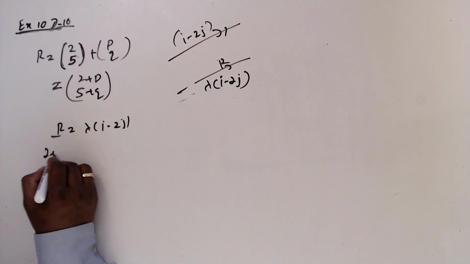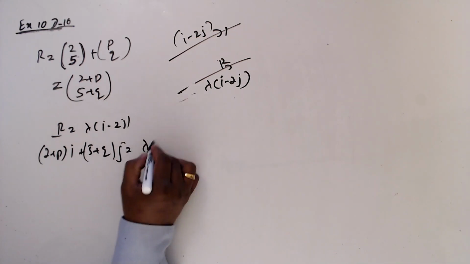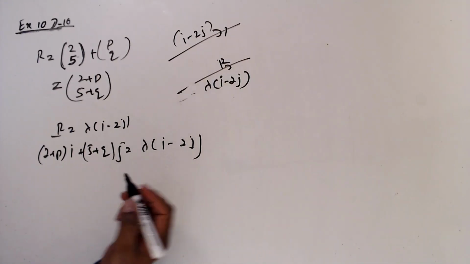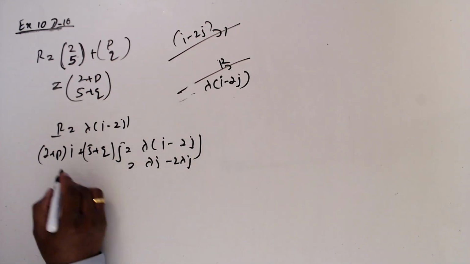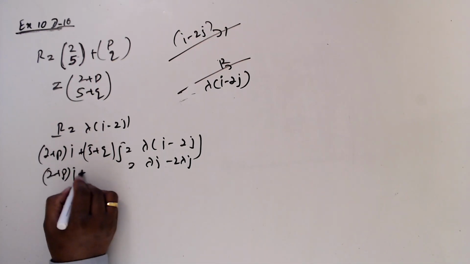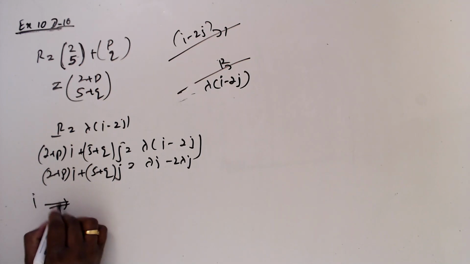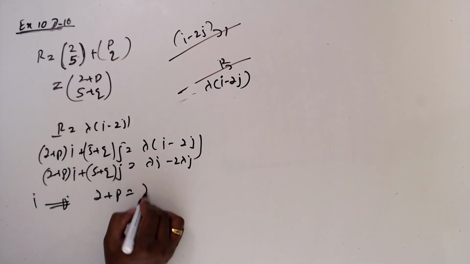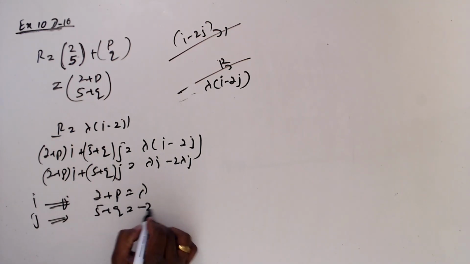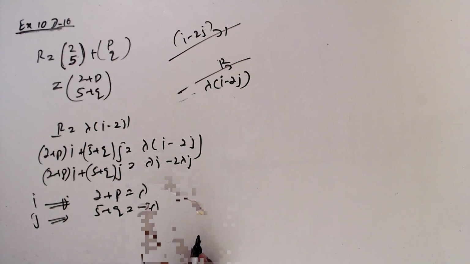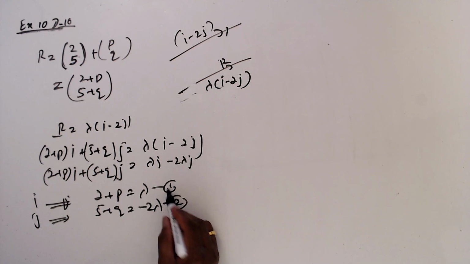Then that is (2 plus p)i plus (5 plus q)j equals lambda i minus 2 lambda j. When you consider i, you will get 2 plus p equals lambda. When you consider j, you get 5 plus q equals minus 2 lambda. We'll call this 1, this 2. Then we'll substitute 1 into 2.